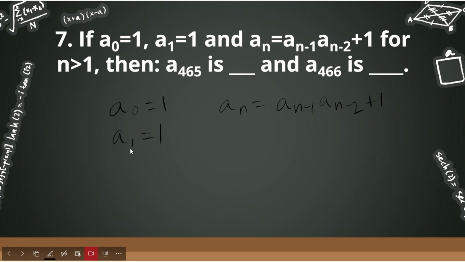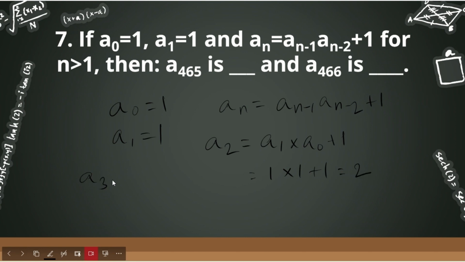To find out the logic behind this, let's find a2. It will be a1 into a0 plus 1, so 1 into 1 plus 1. That's 2. So a2 value is 2.